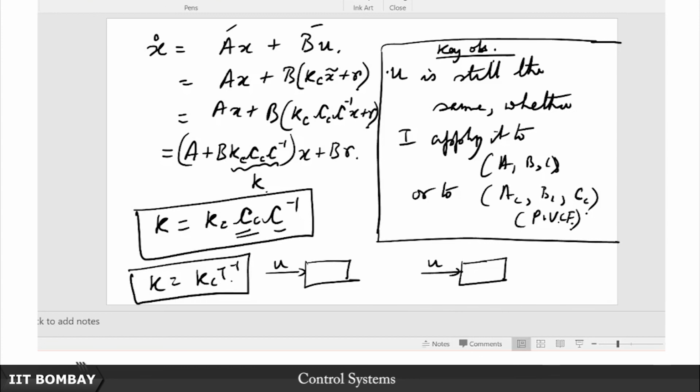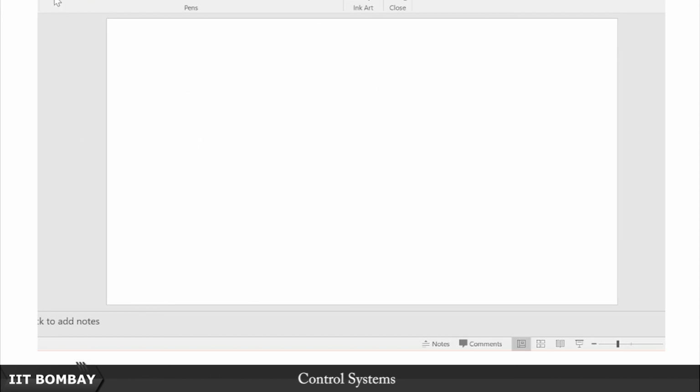This is only to show you that provided your realization is controllable, there exists a unique gain that will take you from your open loop characteristic polynomial to whatever your desired closed loop characteristic polynomial is, which defines your closed loop poles, right. But in general you do not necessarily have to follow this step.